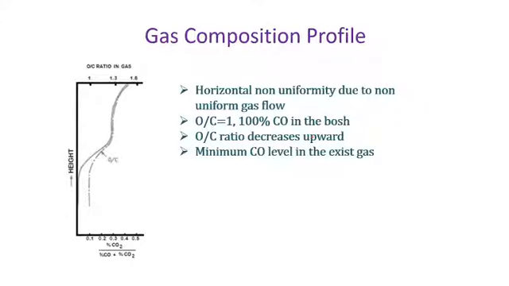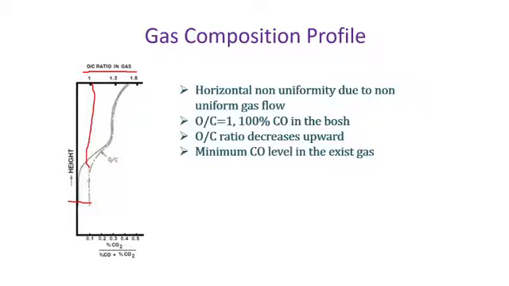In this figure, variation in gas composition along the vertical axis is shown, where the O by C ratio, oxygen by carbon ratio in the gas, is almost 1 at the Bosh region. The dotted line is your gas composition.